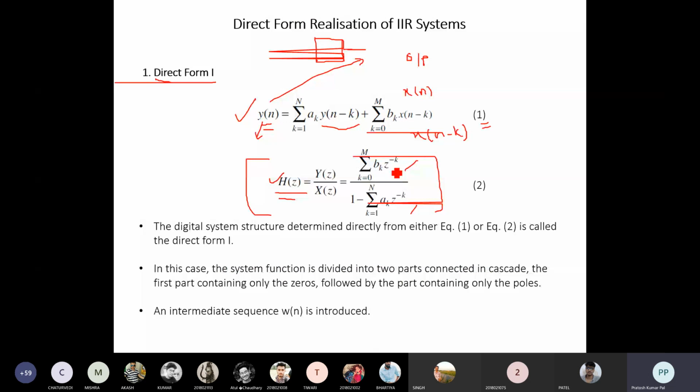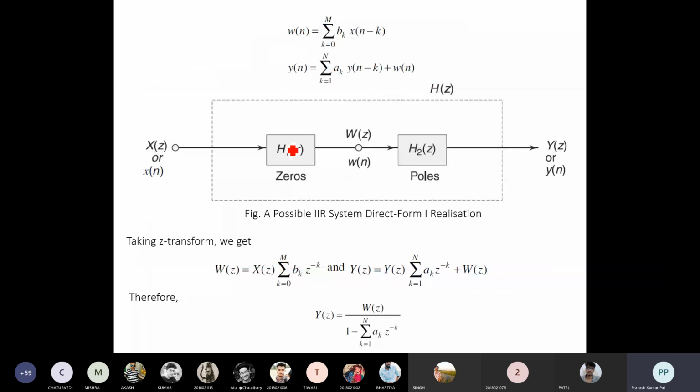So we will make two parts, one is zeros, one is poles. Zeros will be represented in terms of the first term. The first term of the direct form realization will be the zeros, and the second term will be the poles.